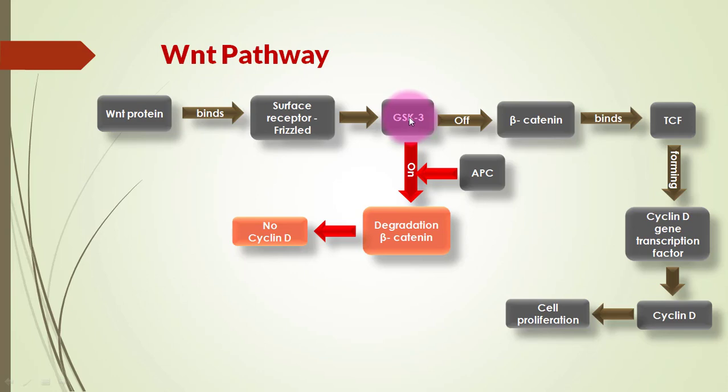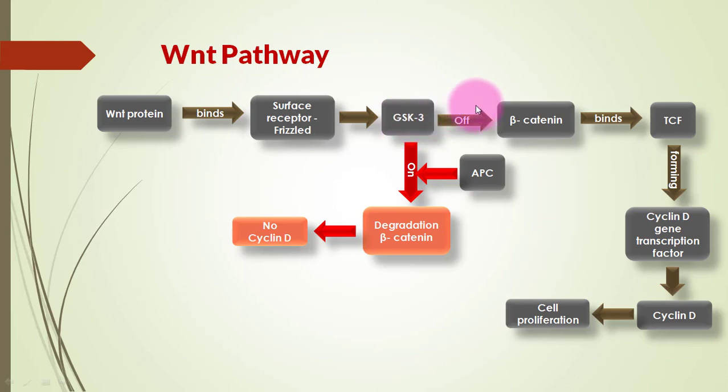GSK3 normally promotes the degradation of another protein called beta-catenin, a very important protein for the cell cycle. But when the Wnt protein binds to the surface receptor, the frizzled receptor will inactivate the GSK3.